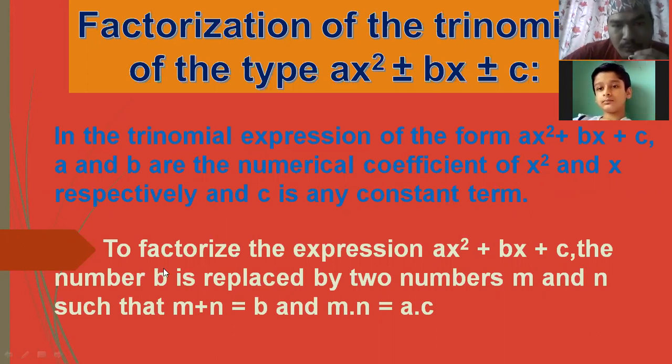To factorize the expression ax square plus bx plus c, the number b is replaced by two numbers m and n, so that m plus n must be b, and m into n is ac.